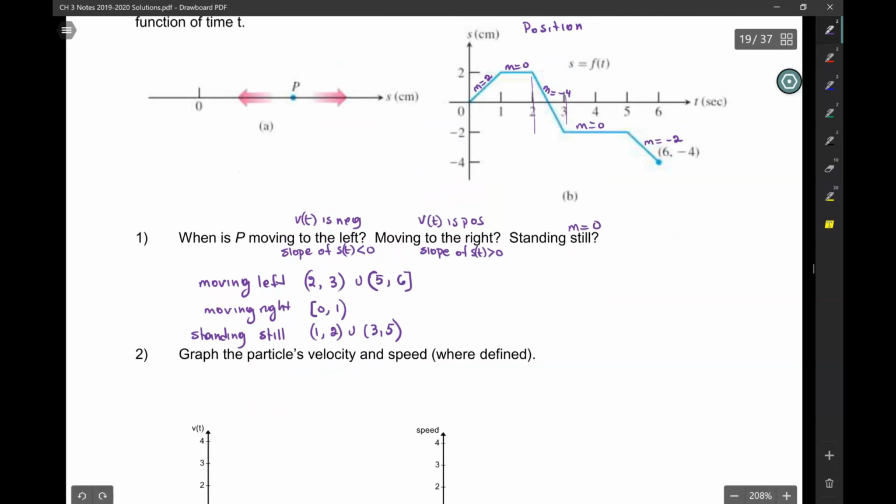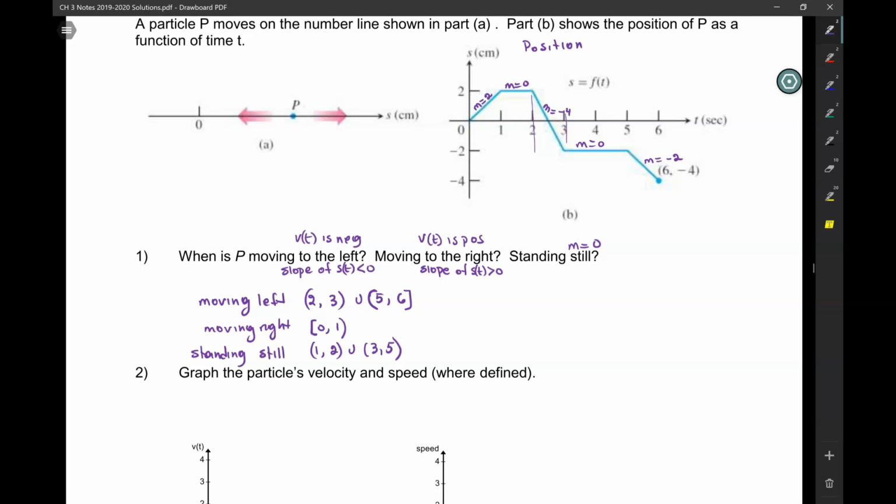Got 2 people. What do you guys think? Don't be afraid to share here. Well, it's moving backwards here as well. Not necessarily. It starts going like on the other graph, it's beyond 0.